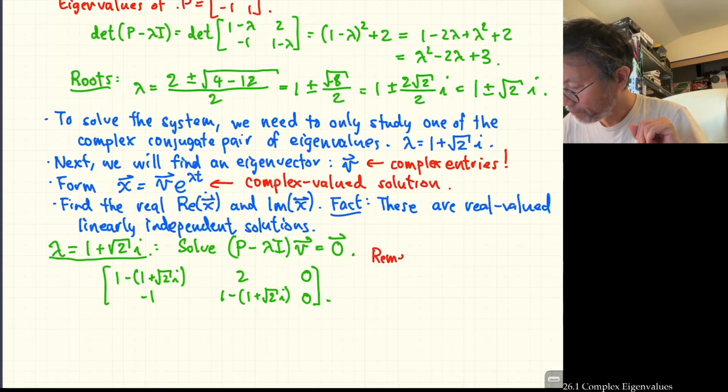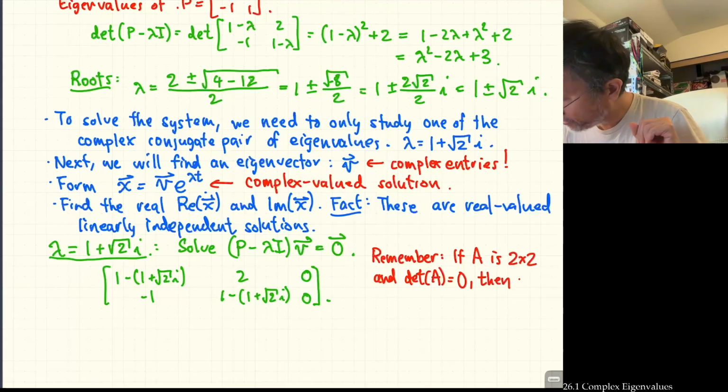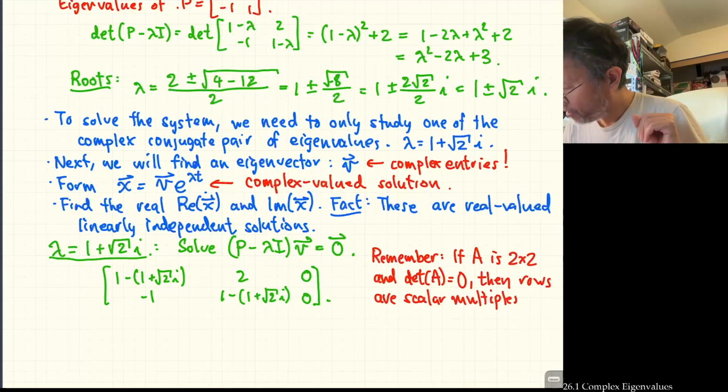Remember, if A is 2 by 2 and the determinant of A is 0, then the rows are scalar multiples of each other. Keep it short.